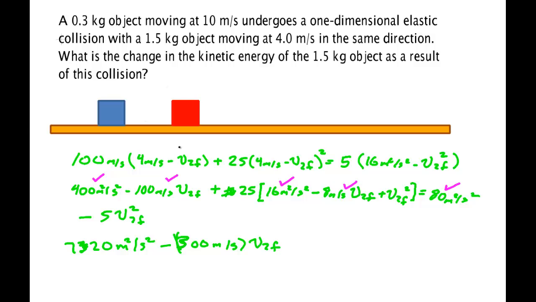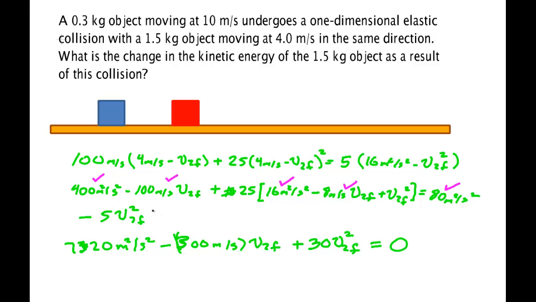And then we have 25 times V2F squared, but then we're going to bring the other 5 over from the other side, so that 5 will come onto this side, and we will get 30 V2F squared, and that should equal 0.